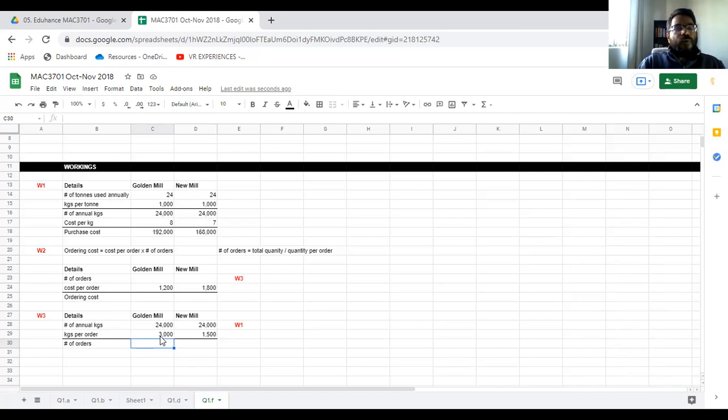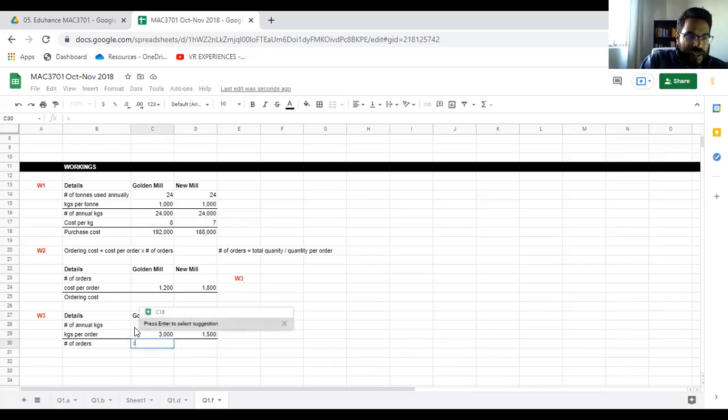So we want to know as the bakery, how much should we place? So then we use EOQ, because that is the optimal number of kgs per order. Whereas new mill, why aren't we using the EOQ for new mill? Because the arrangement is that new mill is telling us how many kgs we should place to get the 7 Rand. So that's very important.